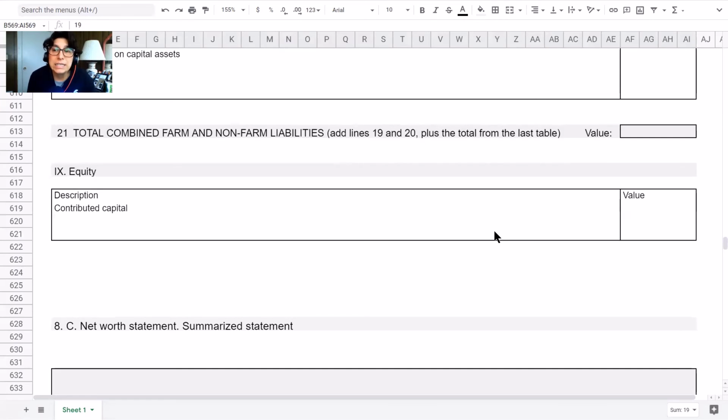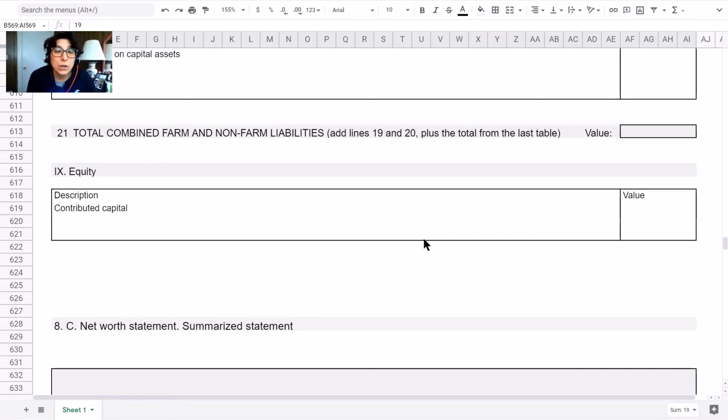By using detail under the contributed capital entry, each of the contributions can be itemized and the original source of that money documented. Same thing, you don't need to be on a partnership or on an incorporated or LLC farm. If you invested money on your farm from your off-farm job, for example, you want to put that there.